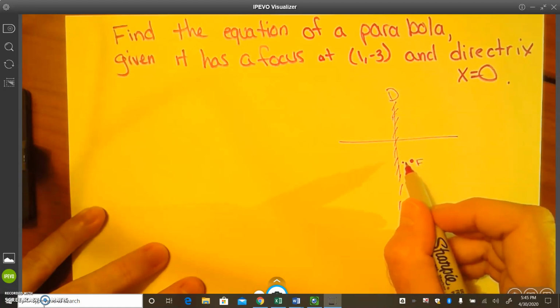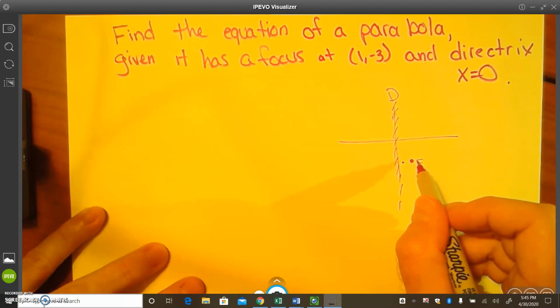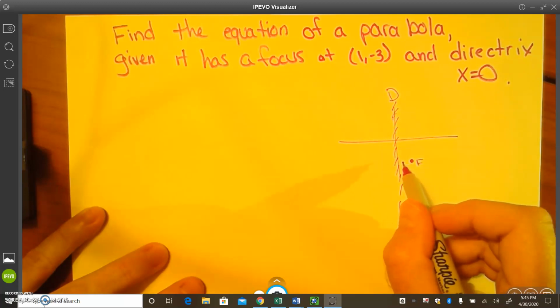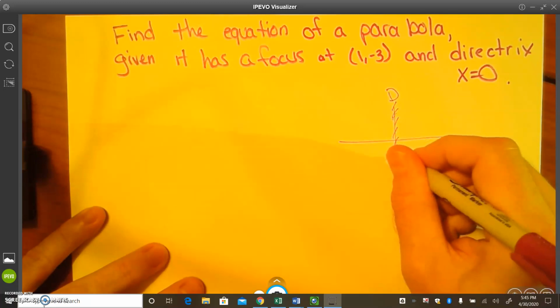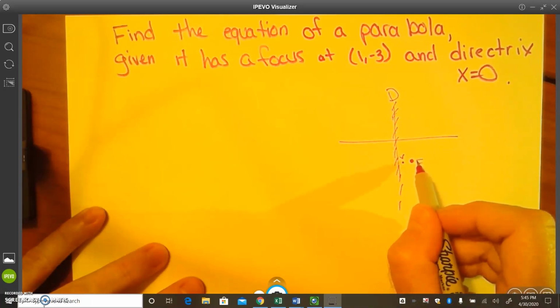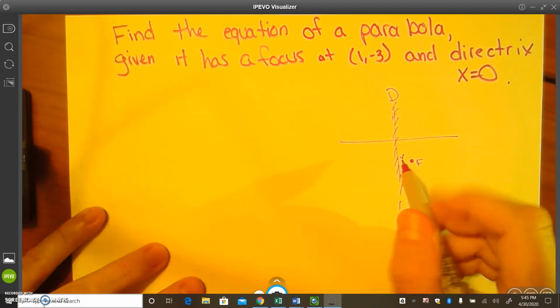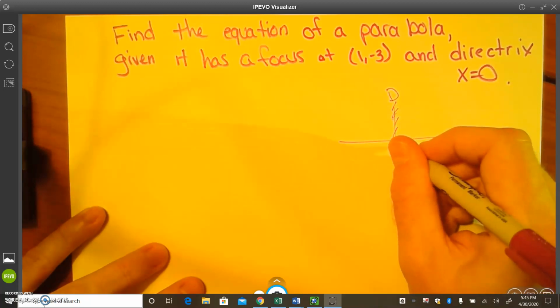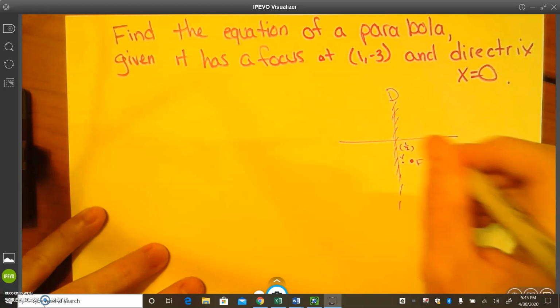Keep in mind, I had to go a little bit one direction to get to the focus and a little bit the other direction to get to my directrix. So the point right in the middle of those two is going to be my vertex. If this was at an x coordinate of 1, halfway between 1 and 0 is an x coordinate of 1/2.